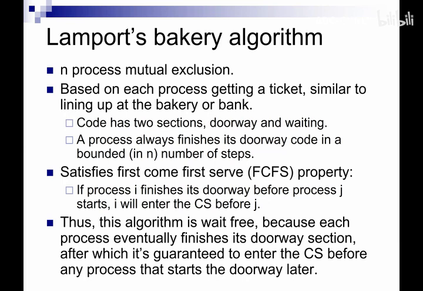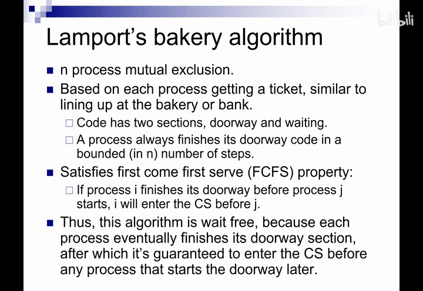Because of this first come first serve property, you can show this algorithm is actually a wait-free N process algorithm. Because we said that every process eventually finishes its doorway section, because there are no while loops in there. And then after I finish my doorway, the only threads which can go ahead of me in the critical section are the ones that are also in the doorway right now.